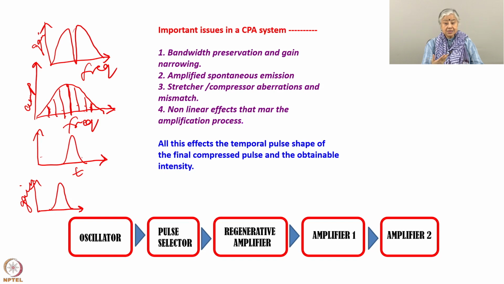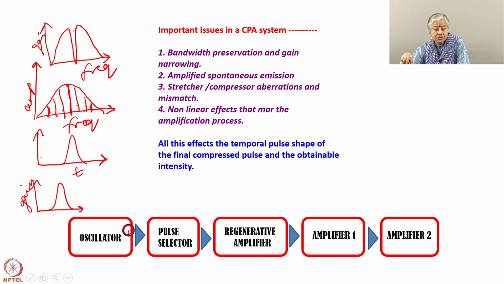Gain narrowing means again a loss of bandwidth preservation. You are not preserving the bandwidth. This is an inherent thing, not just in regenerative amplifiers, where it is more highlighted, but it happens even in the linear amplifiers, like amplifier 1, amplifier 2 here.